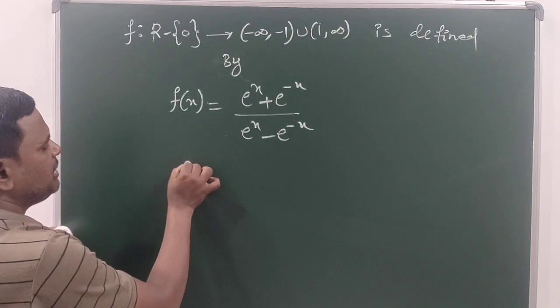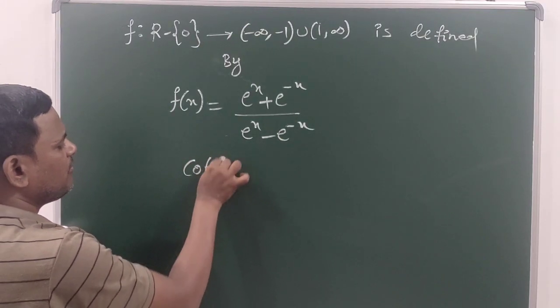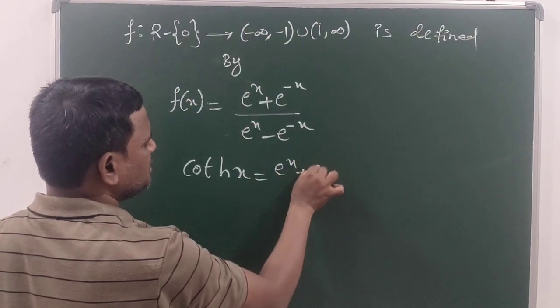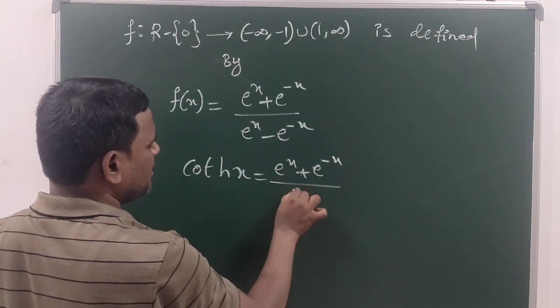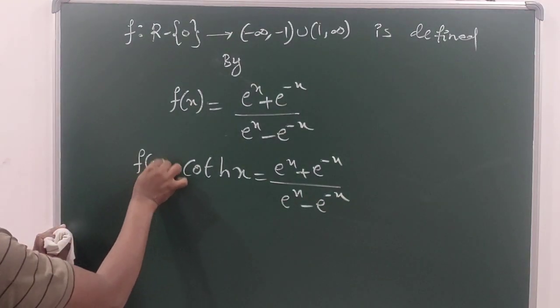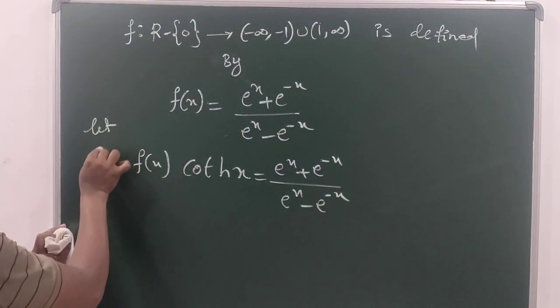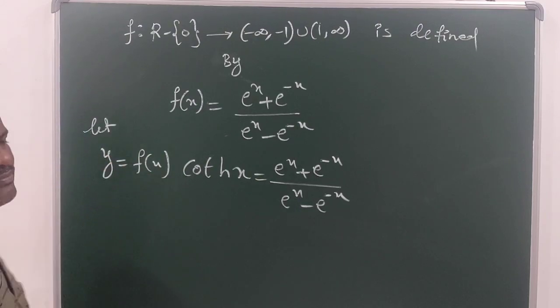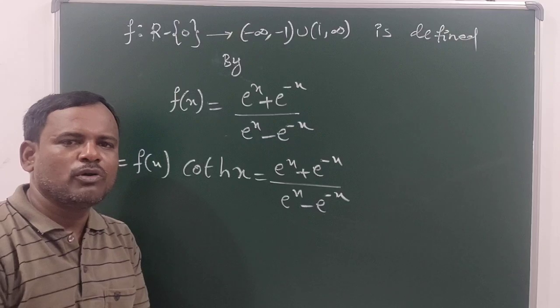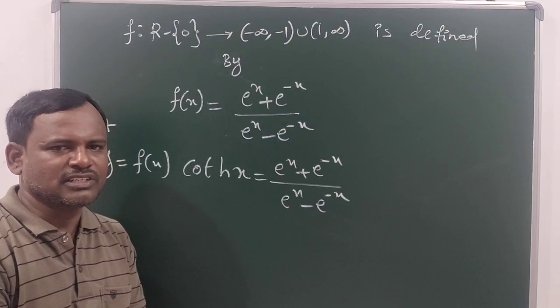Simply it is denoted by coth x, which is equal to e power x plus e power minus x by e power x minus e power minus x. If you would like to consider this as y, you can. So this is the definition of the hyperbolic cotangent function.